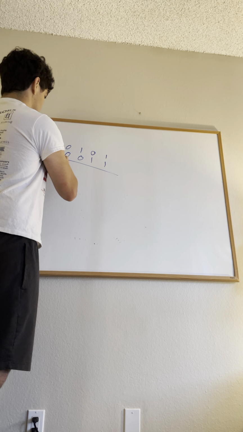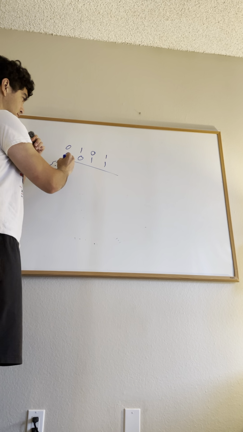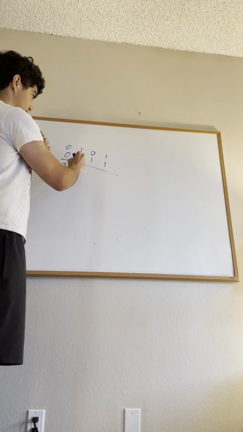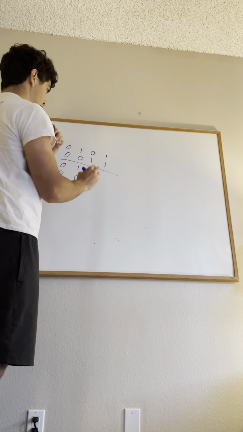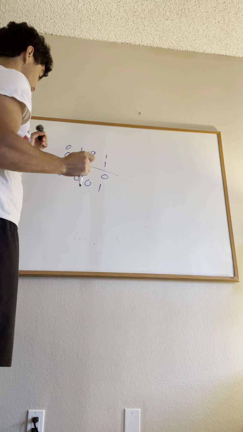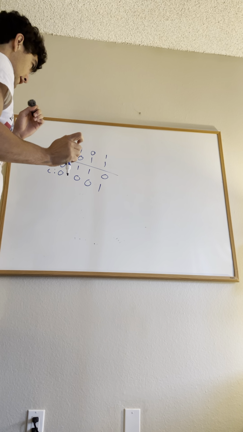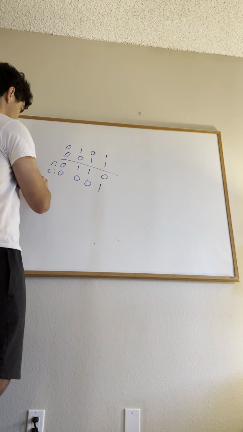So sum, carry, okay? With 0, 0, they're both going to be 0. Here you're going to sum to 1, carry nothing. These are going to be the exact same. And then this is going to sum to 0 and carry 1. Now let's put this into a table just so it looks a little nicer.